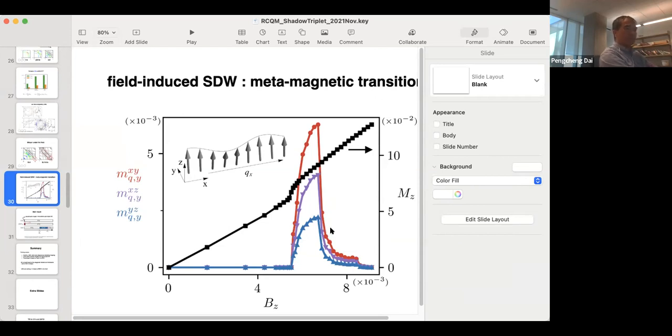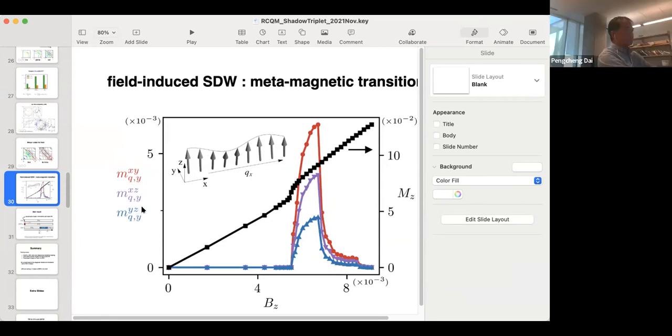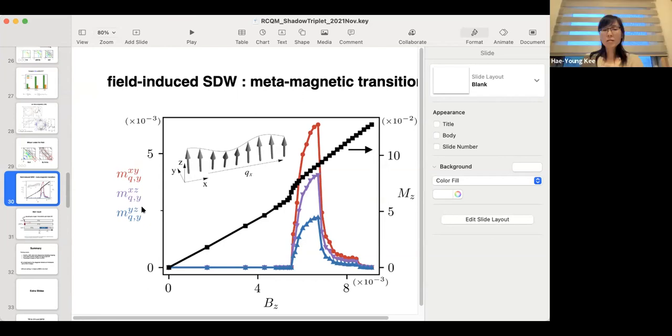Okay. And I believe this direction is the same as experiment, isn't it? Like Q along X and the momentum is Y, and you see this different component. All of these have different sizes because different orbitals contribute different magnitudes of the spin density wave. But the picture you have there, it looks like there are just components along the Y direction.